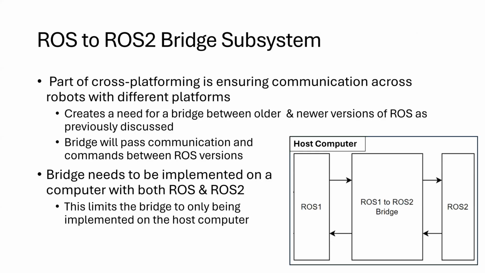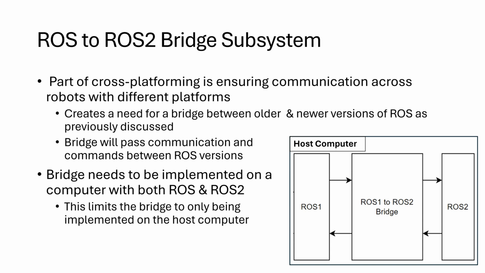So the ROS to ROS2 bridge will be primarily implemented on the host computer. This is needed because the ROS bridge is limited to only devices that have both ROS and ROS2 set up.